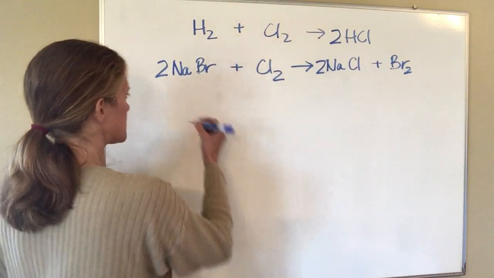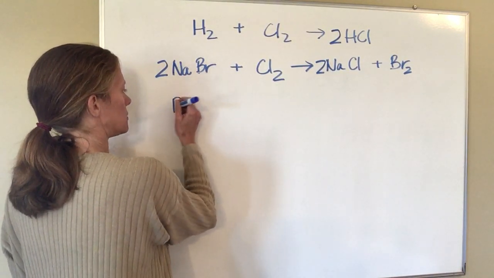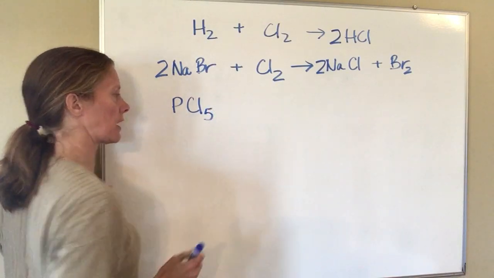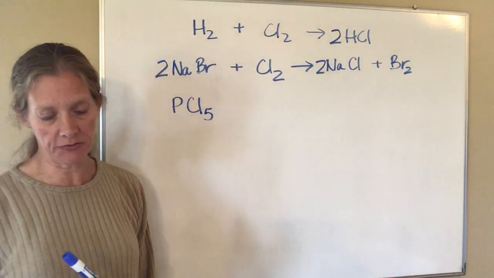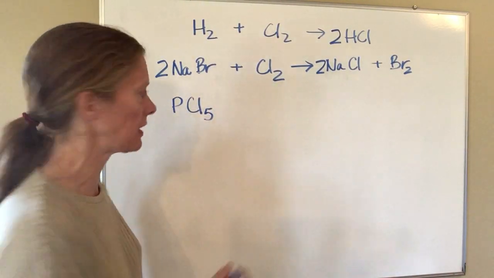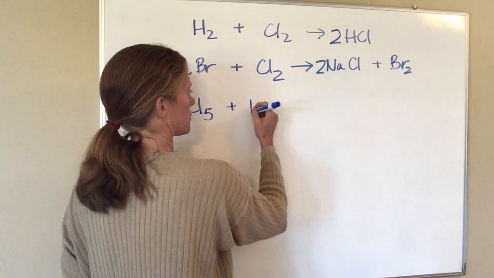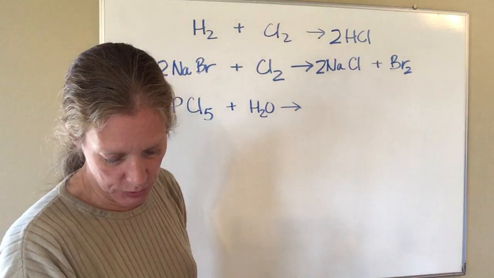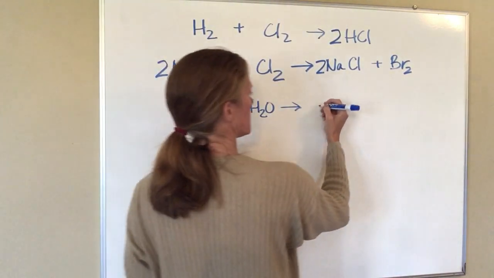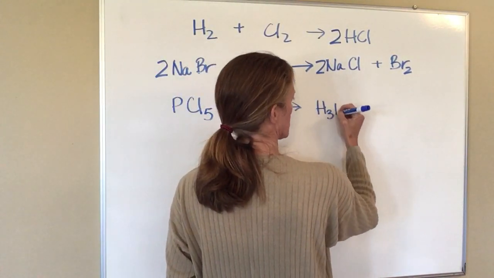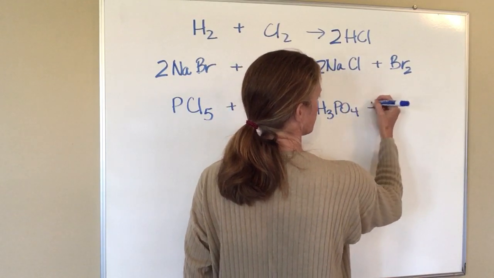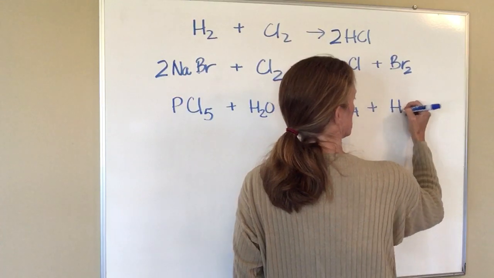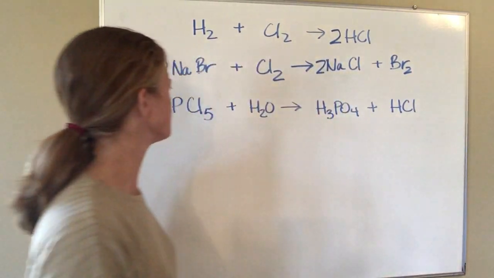So phosphorus pentachloride, penta means 5, so the correct formula there is PCl5, and water is H2O, react to make phosphoric acid, and the formula for that is H3PO4, and hydrogen monochloride, so that's HCl.